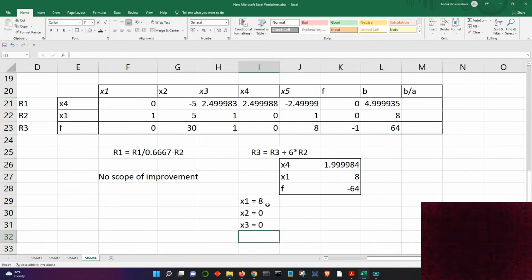These were the variables originally present in the equation. We stop here because x4 and x5 were the slack variables that we introduced. So this is the solution for this particular question, and the maximum value of f, that was the intention, is going to be 64. Correct?